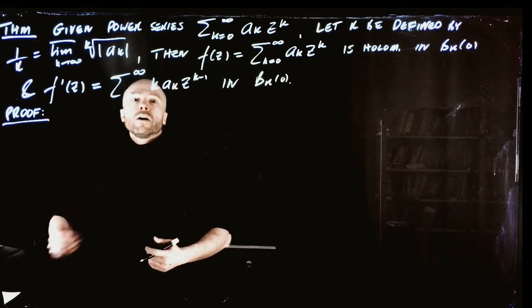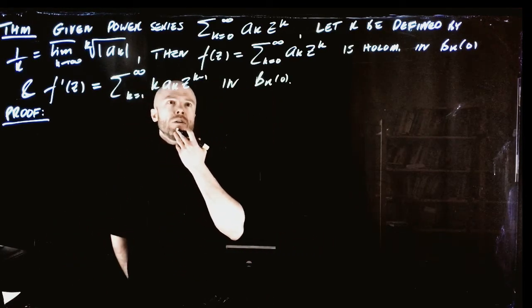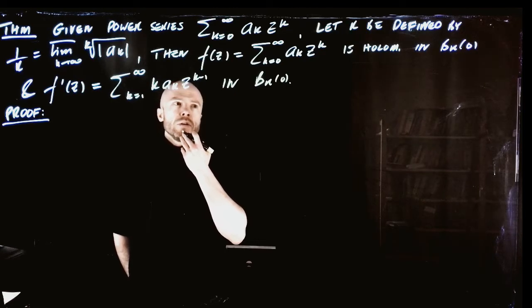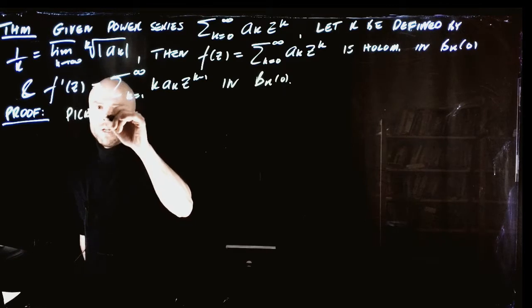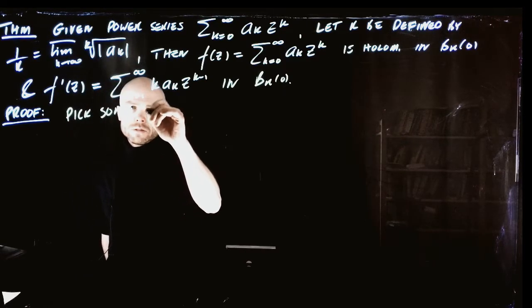We are going to have a number of limits in play. So we're going to pick some large n, which we're going to decide on later.